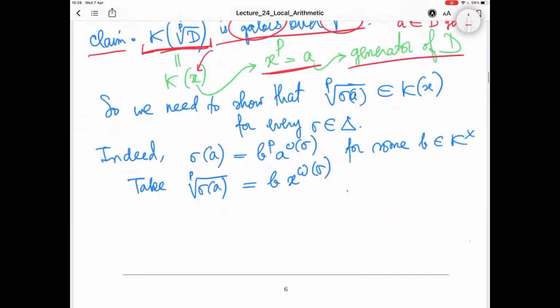So we need to show that the conjugates of A are sigma A for some sigma in delta. So conjugates of X are going to be pth roots of conjugates of A. So I need to show that the pth root of every sigma A is also in Kx.